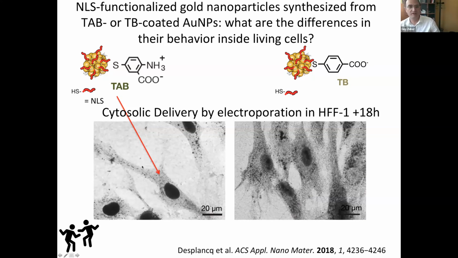When you electroporate them inside HFF cells and wait 18 hours, you can see that those particles seem to stick much less to the cytoskeleton or to materials within the cell. So they are quite interesting to use for further experiments.